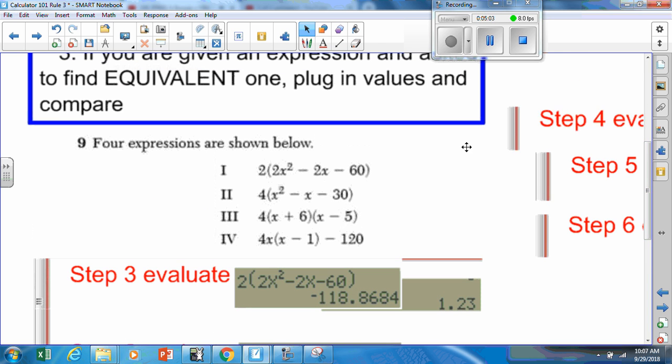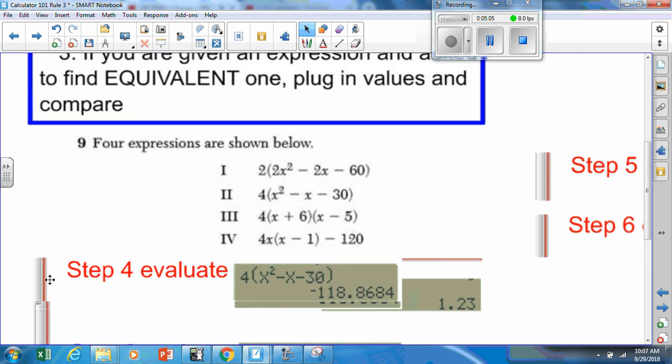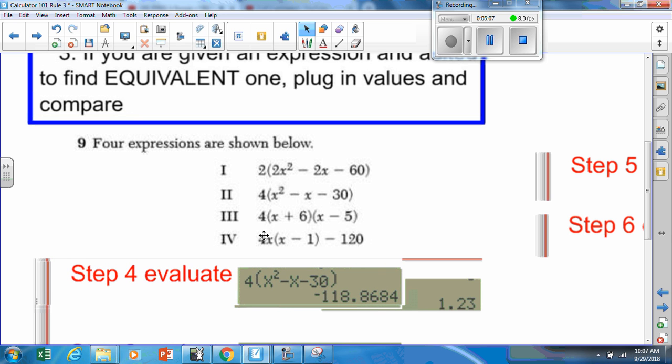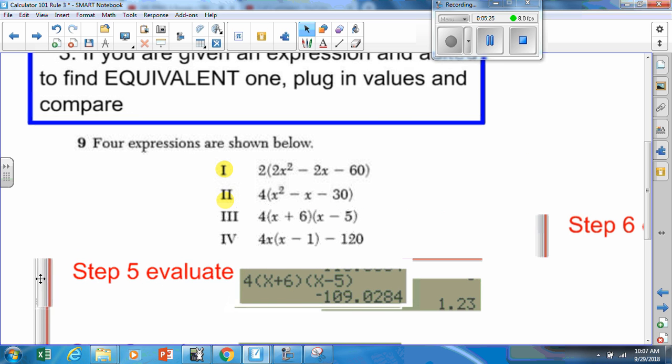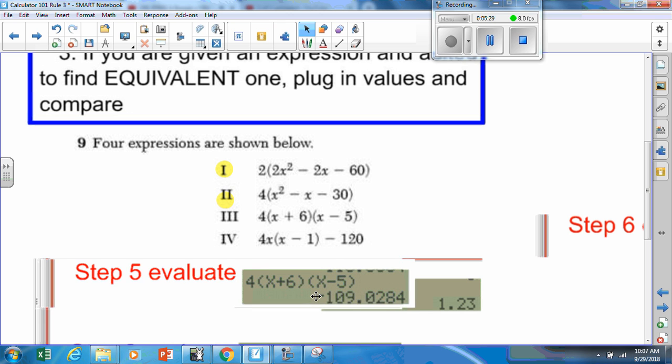So this is right, and this is right. Okay. So good, good. Let's keep working down the line. Step 5. We're going to evaluate the third option. Oh, and here we are. That doesn't return negative 118. Okay. So this is something that we got to be mindful is not going to be in our solution set.